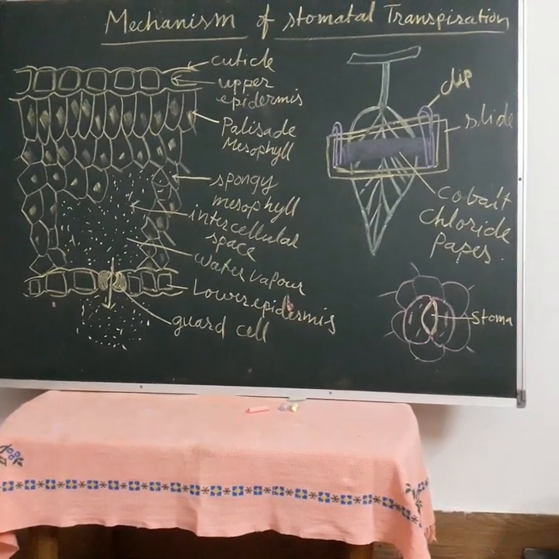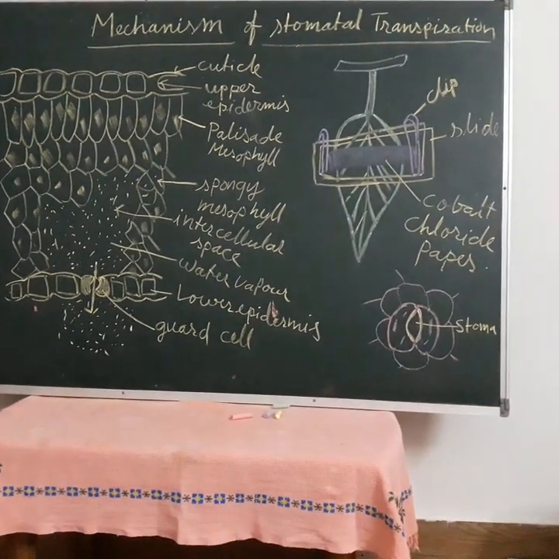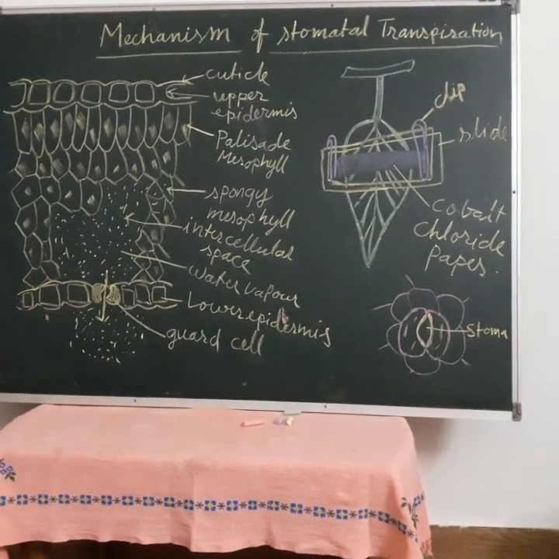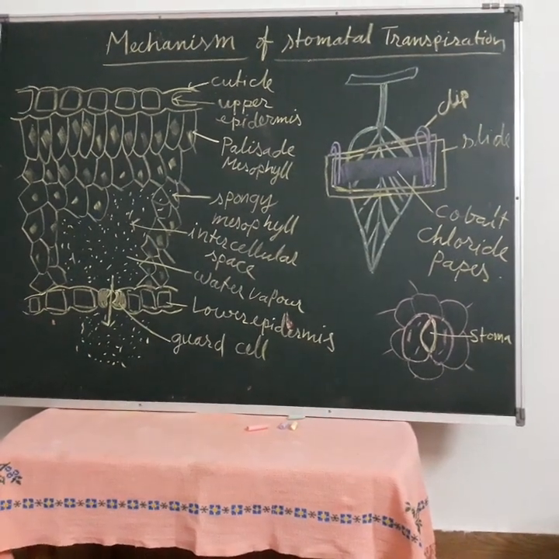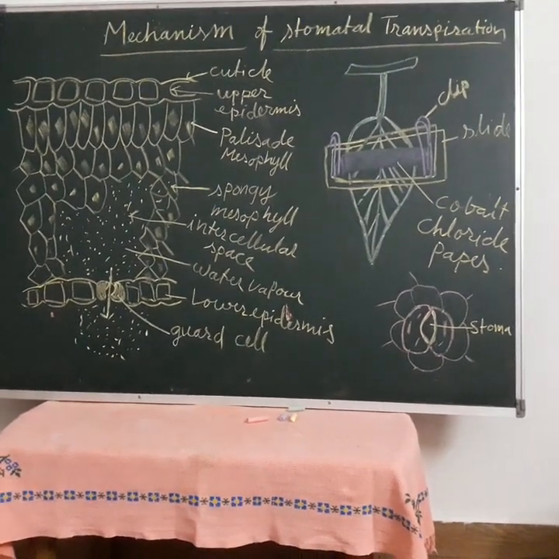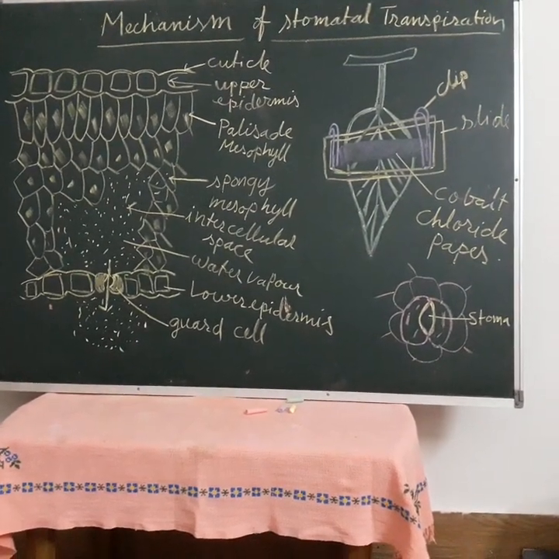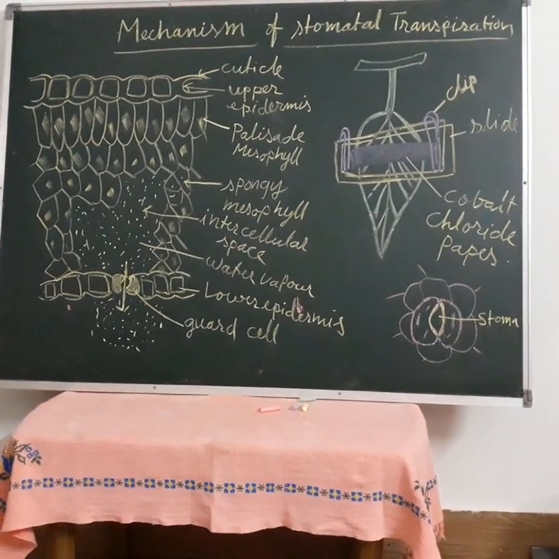During the day, the stomata are open to facilitate the inward diffusion of carbon dioxide for photosynthesis. At night they are closed, therefore more transpiration occurs during daytime. And on a cloudy day, the rate of transpiration is affected. Transpiration rate will be reduced on cloudy days.